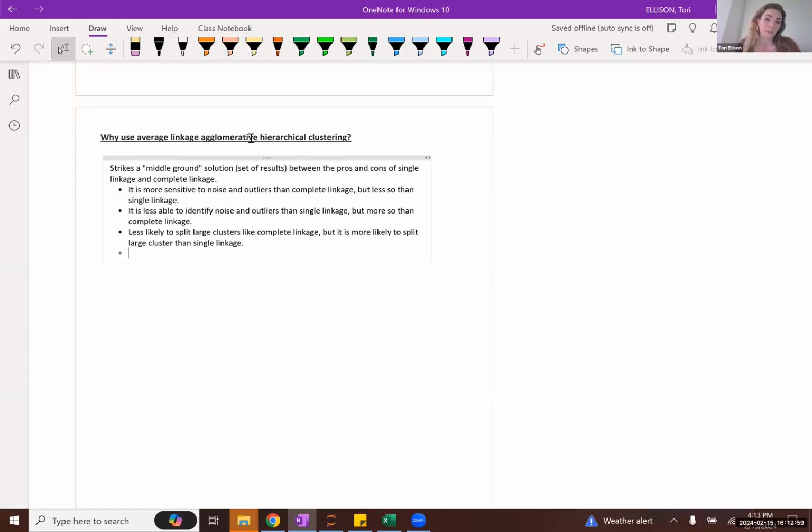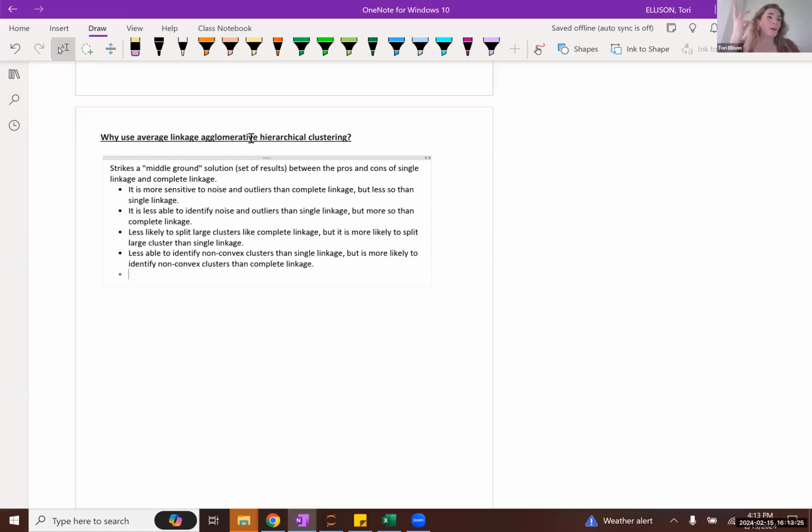So one of the downsides of average linkage is that it's less able to identify non-convex clusters than single linkage, but it is more likely to identify non-convex clusters than complete linkage.